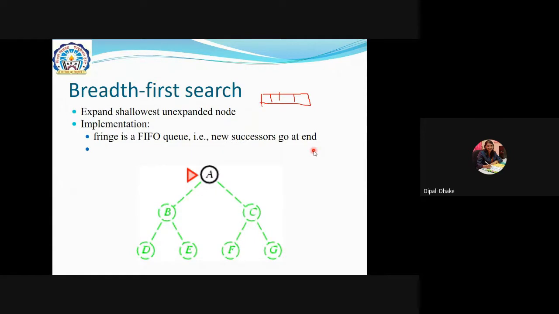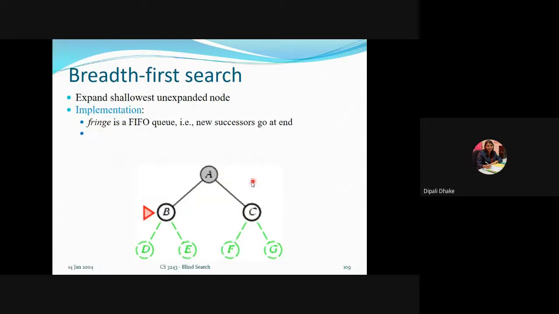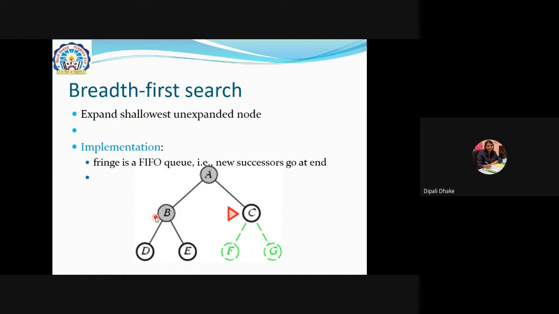Now, with one example, we will see how the tree is created. This is the root node. Remember this word I am using, root node. Then it will move on to the second level, because there is only a single node at the first level. At the second level, first node, it will check B. It will not jump to D and E. It will check the same level's second node, C. No, it's not an answer.